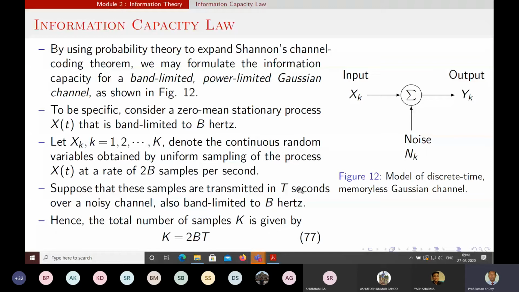Say T is equal to 2 seconds, then the total samples will be 2B into 2, meaning 4B. If T is equal to 0.5 second, the total number of samples will be 2B into 0.5. So we want to find the total number of samples K for the given condition, that the samples are transmitted each second through a noisy channel band limited to B hertz. In that case, the total number of samples K is equal to 2BT.